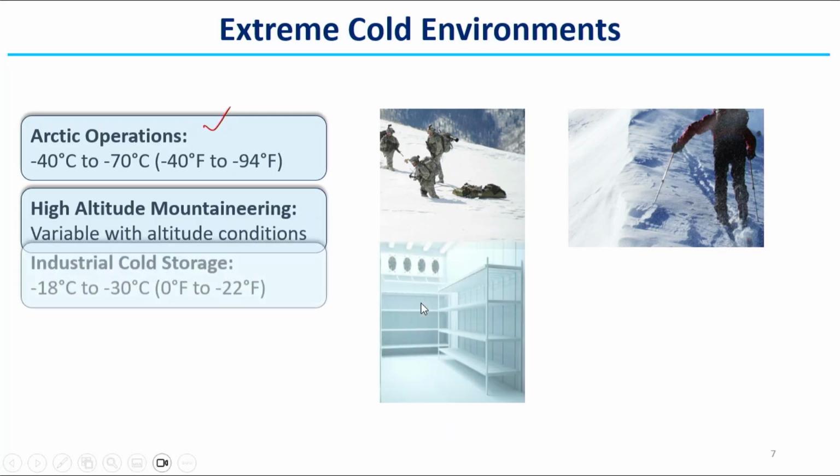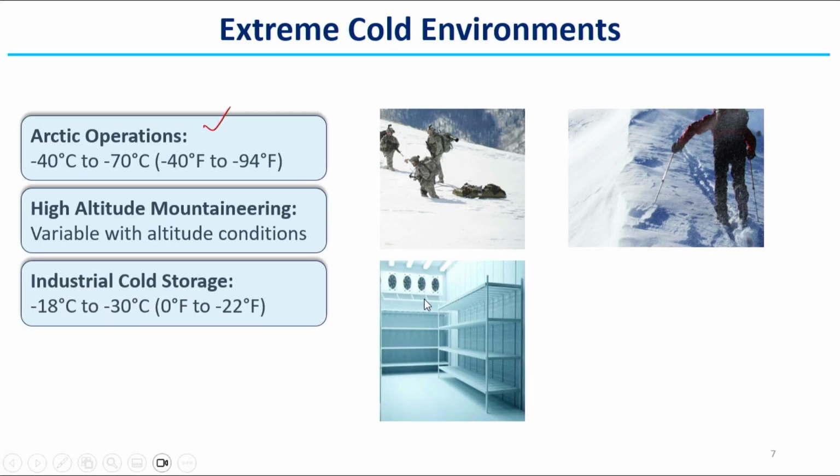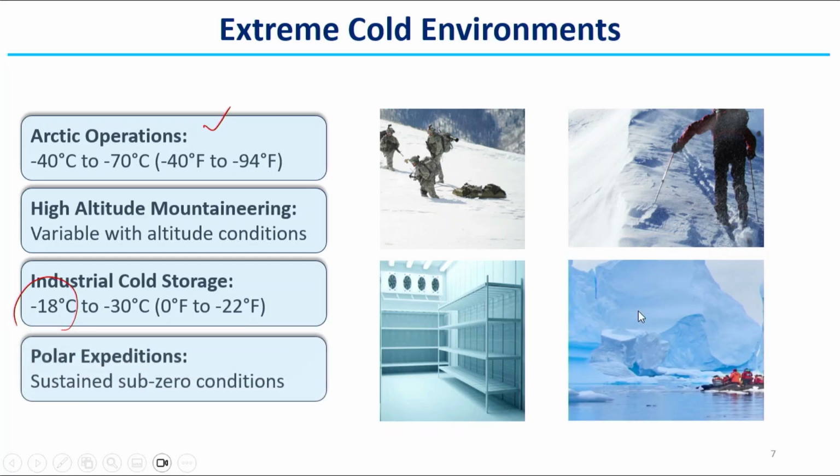Then industrial cold storage, where people work at temperatures typically from minus 18 to minus 30 degree Celsius. The person working inside the cold storage should be protected. And polar expeditions sustain sub-zero conditions. So, these are different cold environmental conditions.